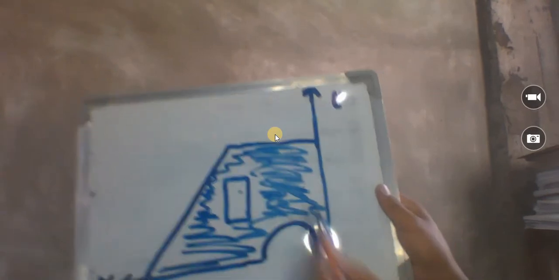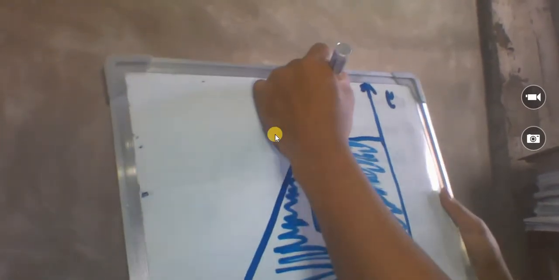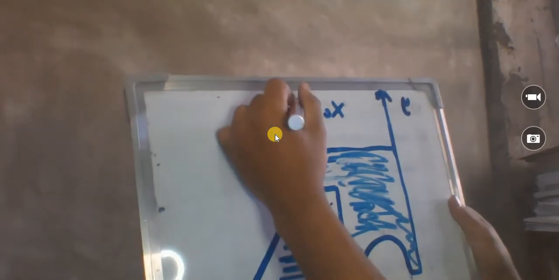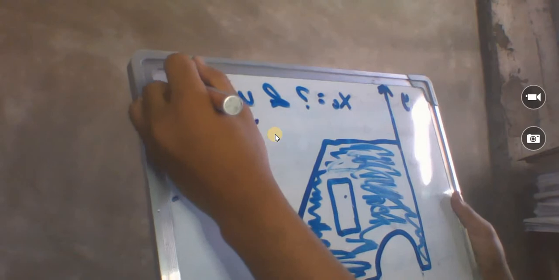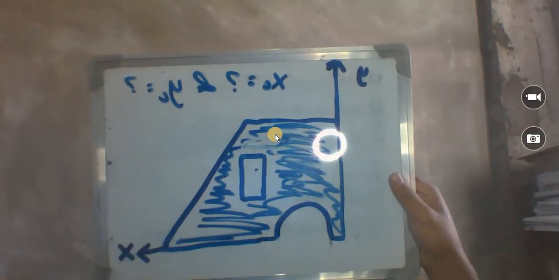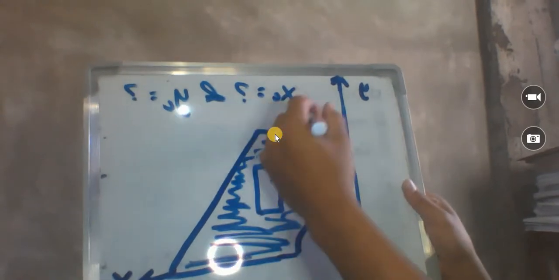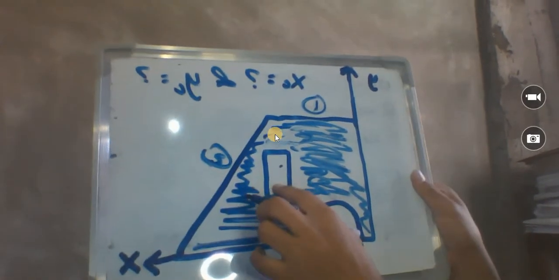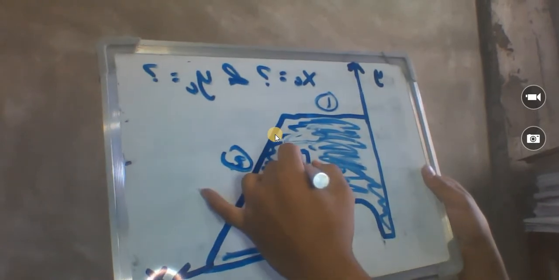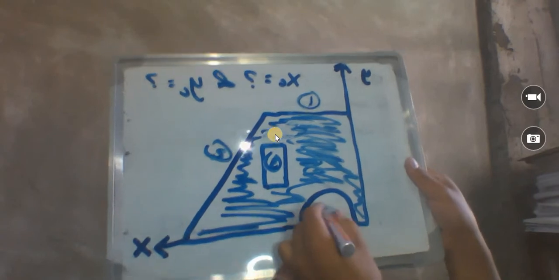In sample problem number 1, you are being asked to locate the XC and YC of the shaded area. Imagine this shape is composed of one rectangle, one triangle, then this hole, another rectangle, which we call the third shape, and a semicircle.